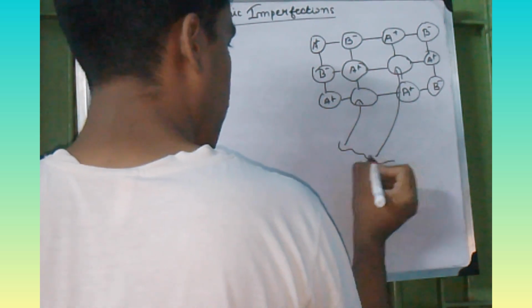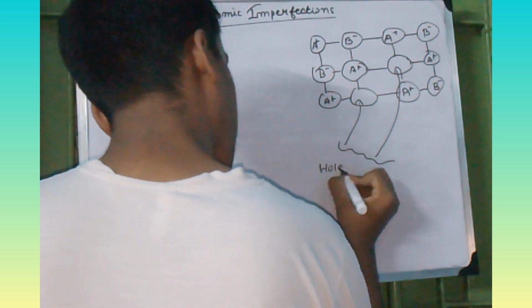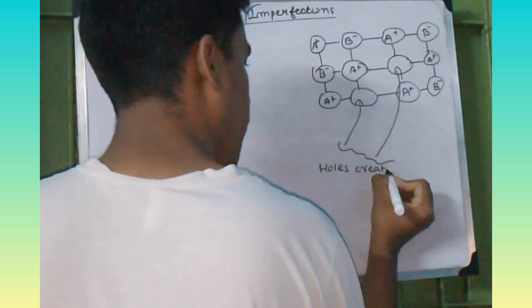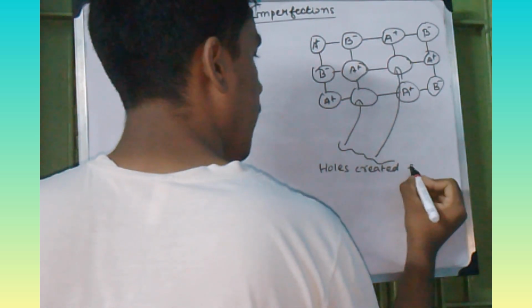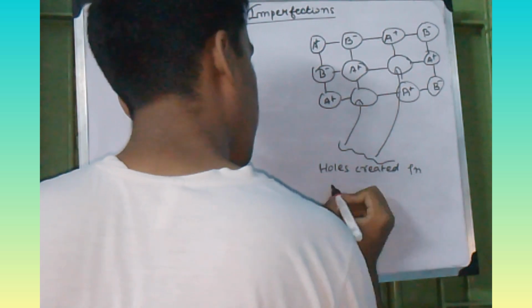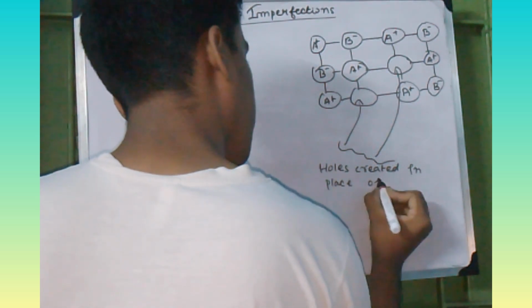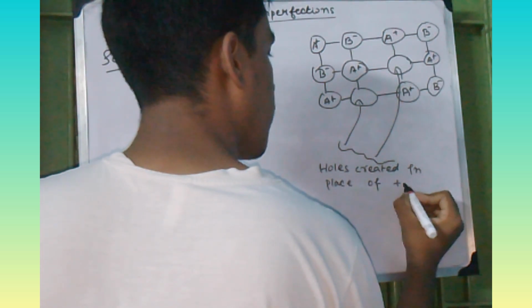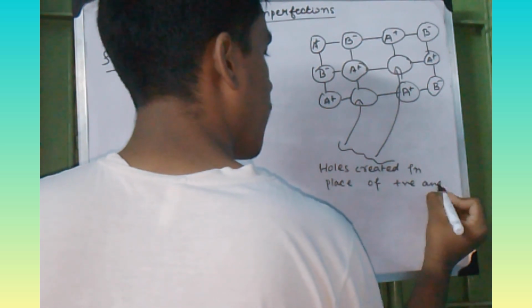The pointer shows the holes created by the atoms to form the Schottky defect.